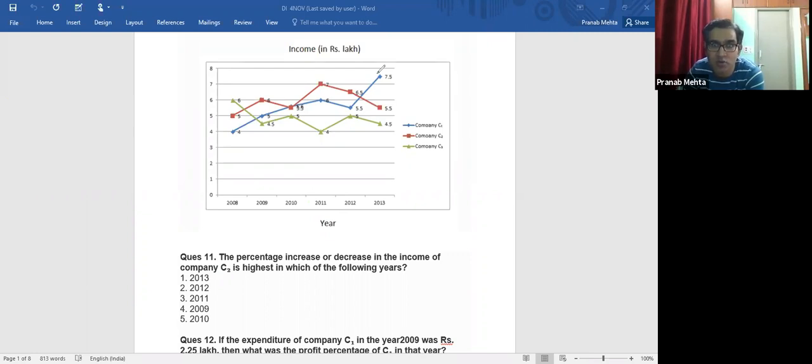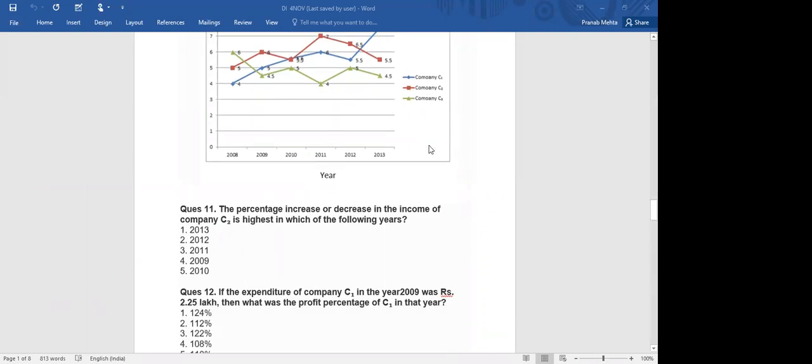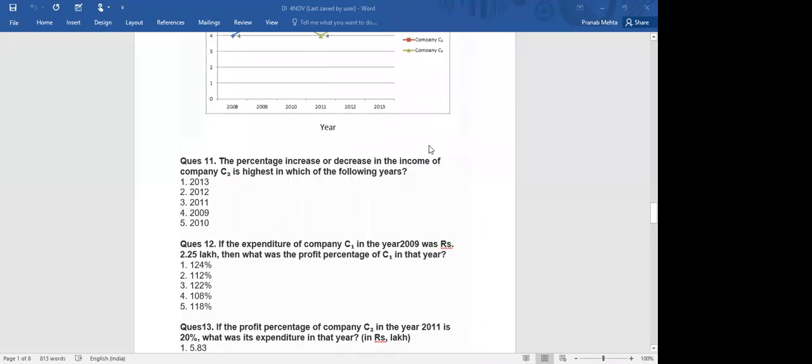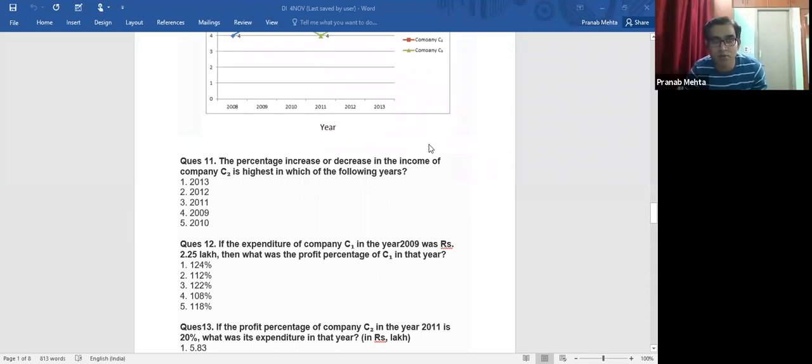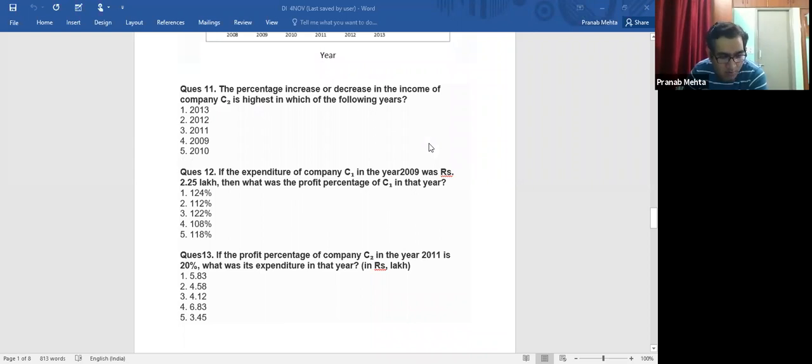Question number 2. Let us see. I'm removing this graph, and we'll keep on going, one by one.